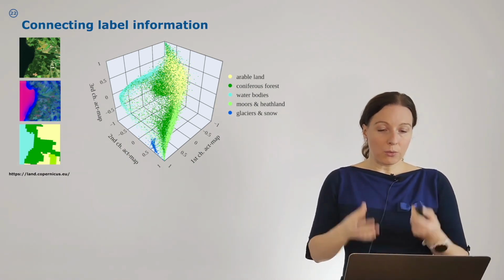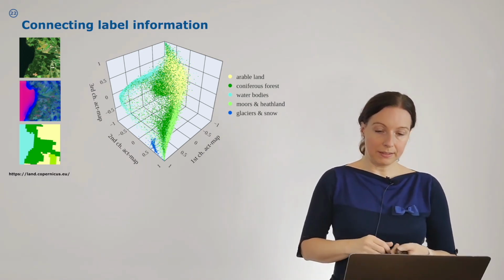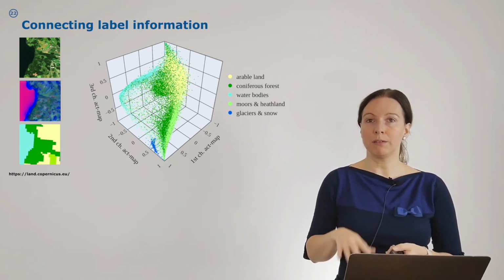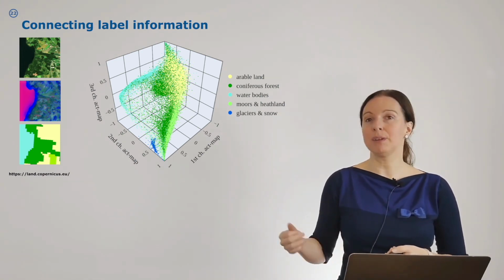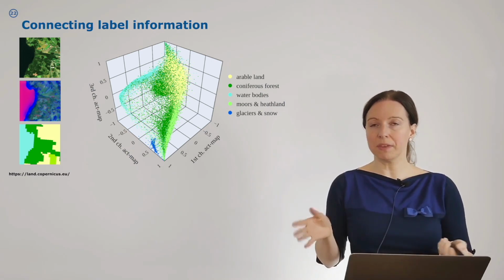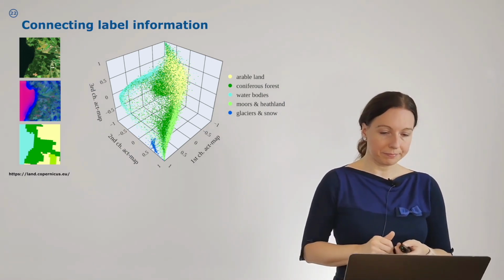CORINE is a land cover dataset for the whole of Europe, with a ground resolution of 100 meters and 44 different land cover classes, and it's updated every 6 years. So it has some interesting information for us.